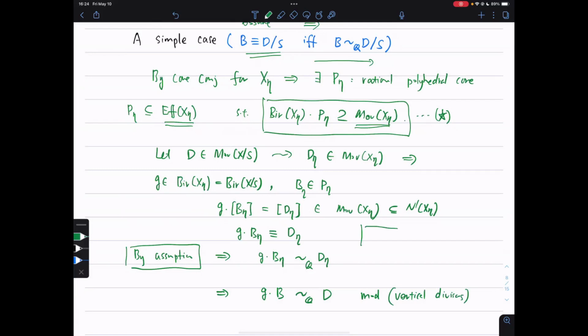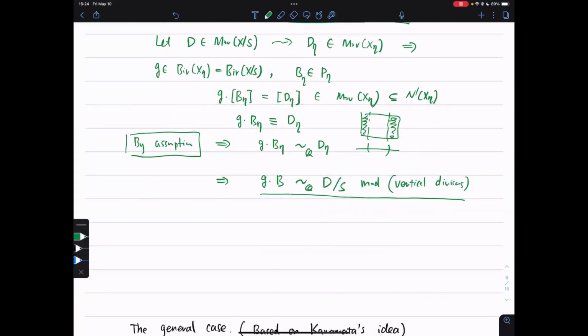This is a fiber space: over some generic fiber they are linearly equivalent, and they are also linearly equivalent in the total space if you properly add in the vertical divisors. So this is what I write here. They are also linearly equivalent over S, modulo some vertical divisors. Okay.